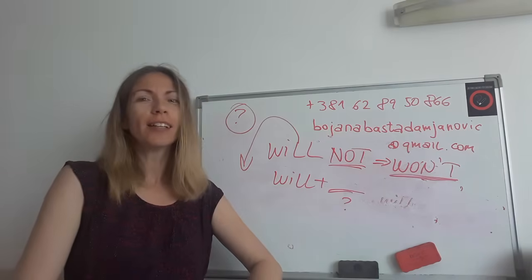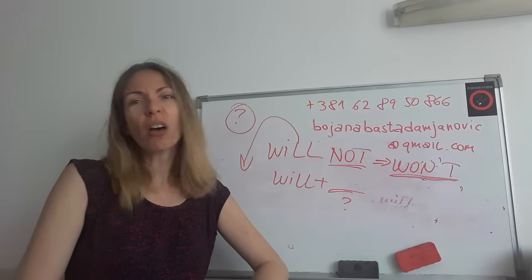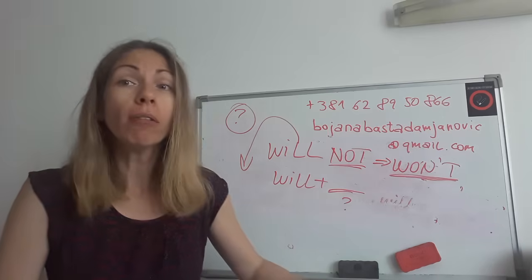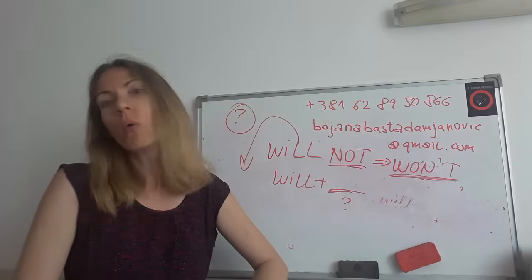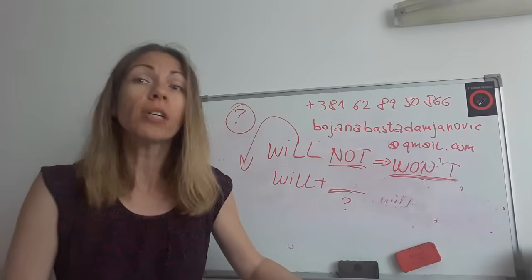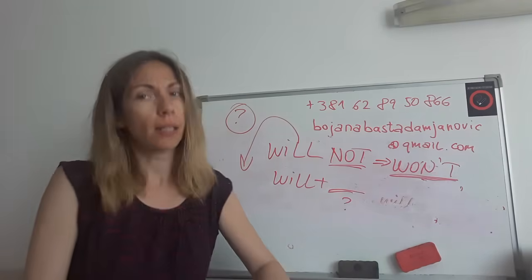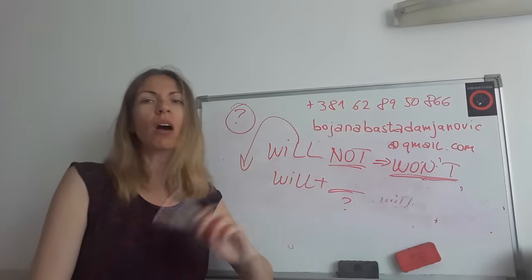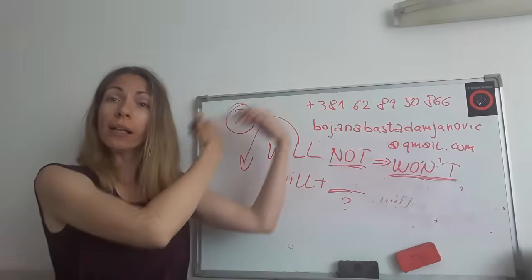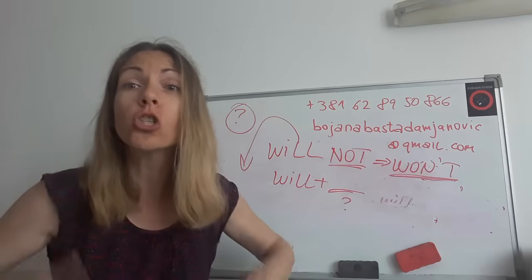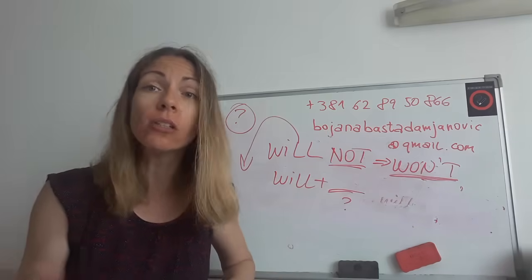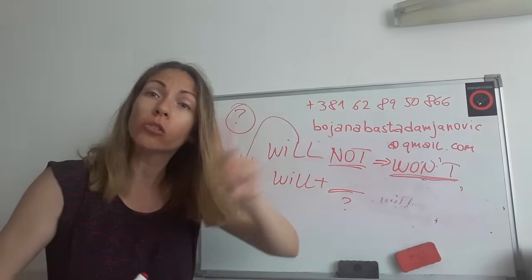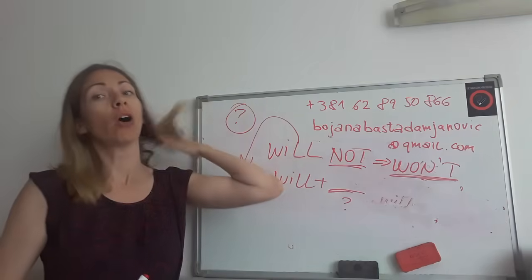Yes, I will. No, I will not. Will you travel to Canada soon? Yes, I will. No, I will not. Will you visit America? Yes, I will. No, I will not. Okay? So you put will at the beginning of the sentence to ask a question. For the answer, you use will, or will not for negative.